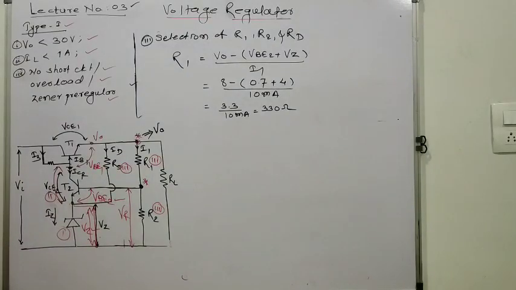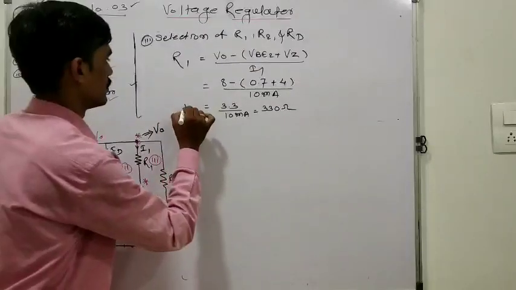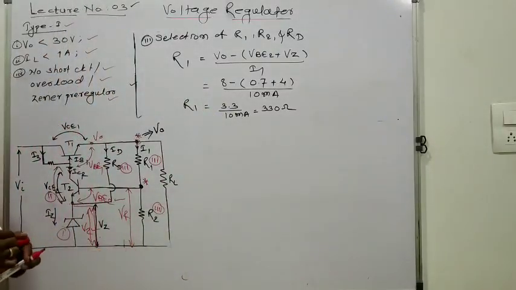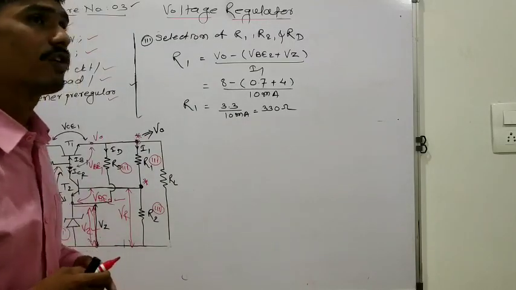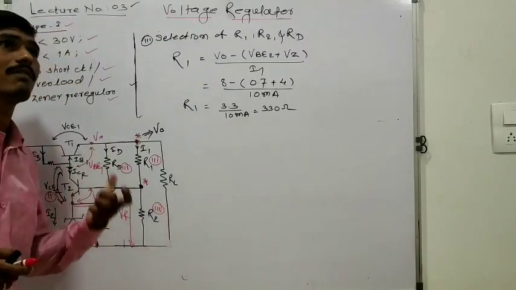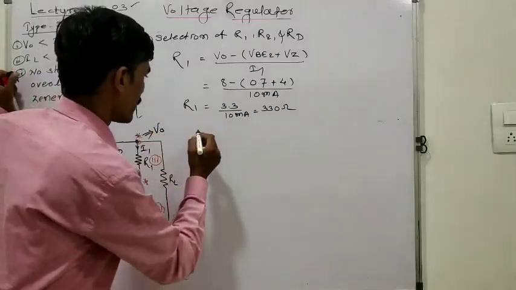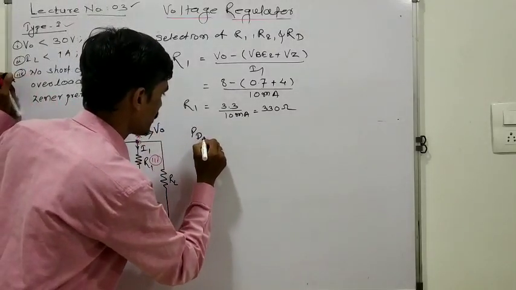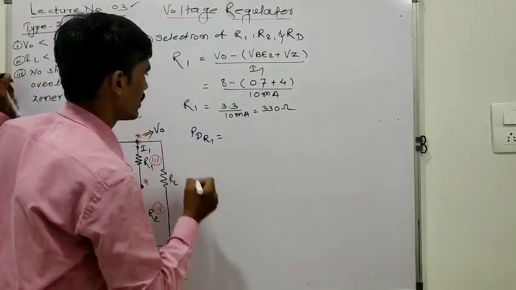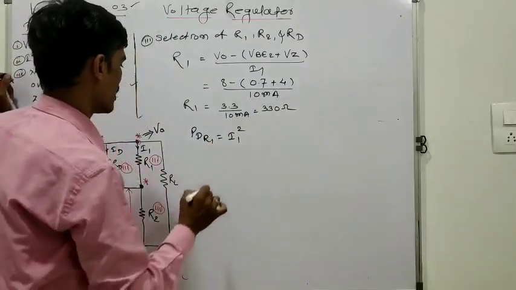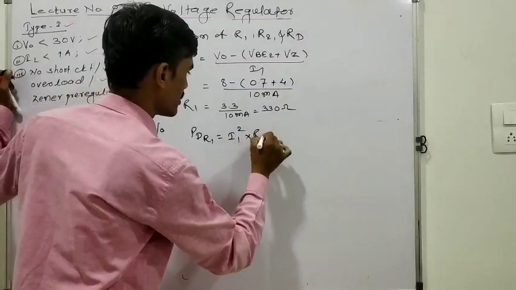Next we have to calculate the power dissipation across this resistor. While selecting a resistance, we must know the value of the resistance as well as the power rating of that resistance. So next we calculate the power dissipation across R1. It is I1 square, the current flowing through that resistance, multiplied by the value of R1.